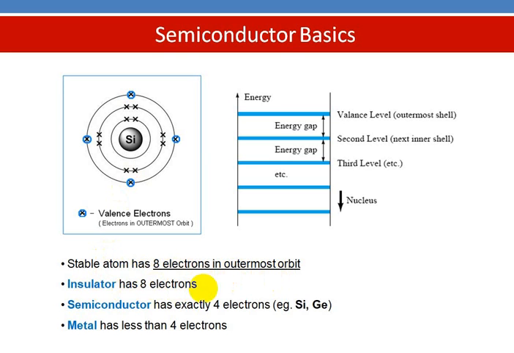So almost they are stable under normal conditions. Whereas semiconductors have exactly 4 electrons, like silicon and germanium. They have 4 electrons in the outermost shell, whereas metals have less than 4 electrons.